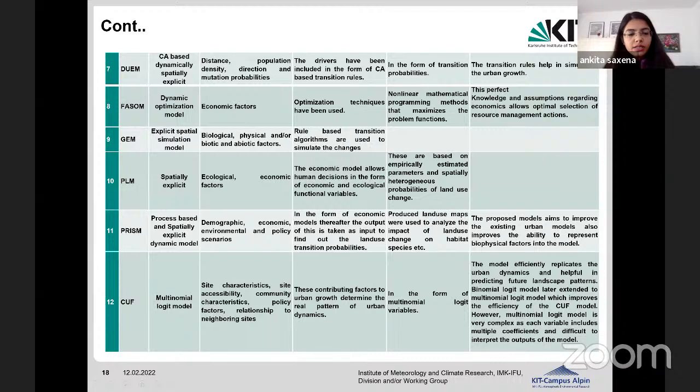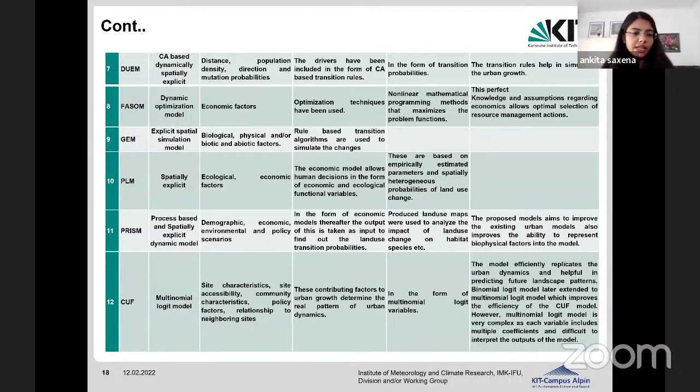Based on that, urban growth is projected. GEM considers biological, physical and abiotic factors. It's an ecological model, especially designed for ecological aspects, but can be applied to urban growth also, because it's a rule-based transition algorithm. The same sort of rules we can frame for urban growth if one wants to use the GEM concept.